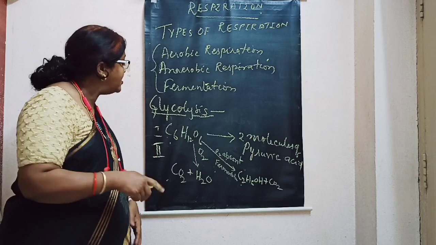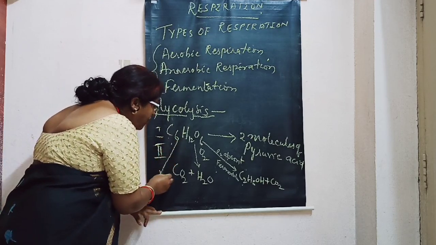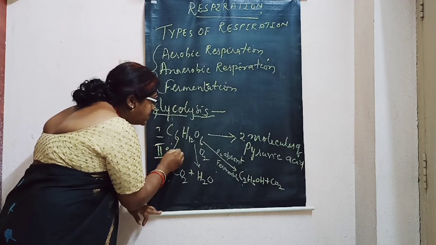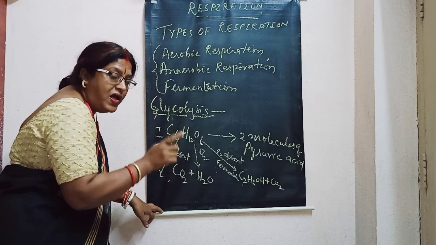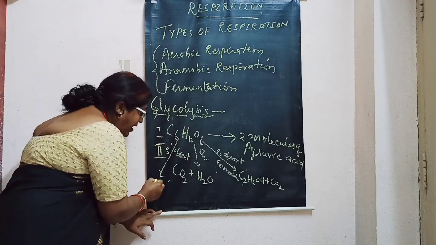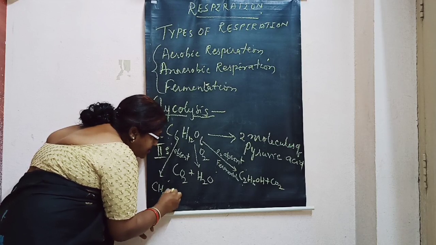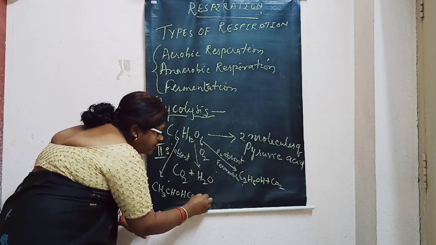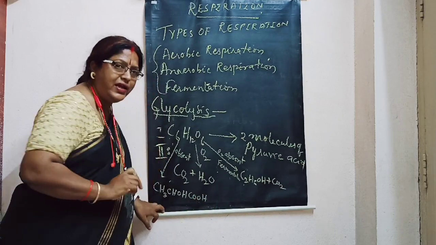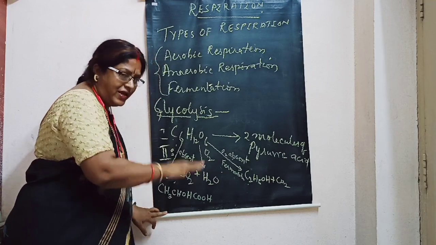In such a case, glucose in the absence of oxygen, in our muscle tissue, is converted to lactic acid. The formula for lactic acid is CH3CHOHCOOH. So this is also anaerobic respiration.